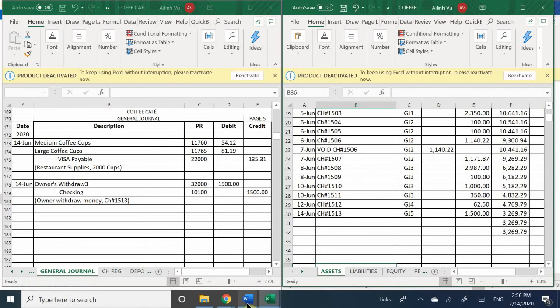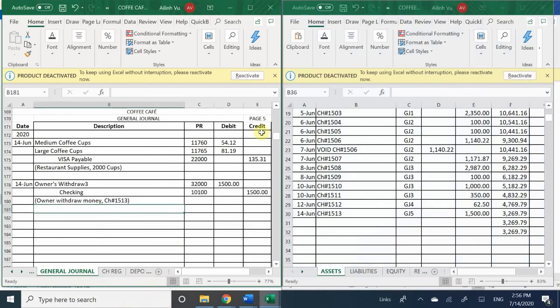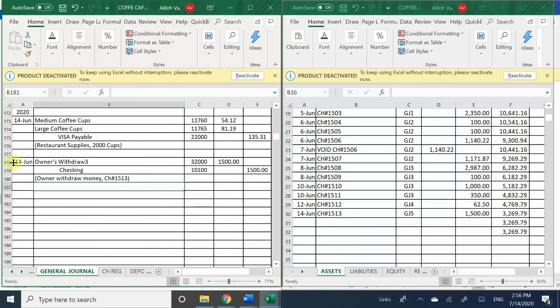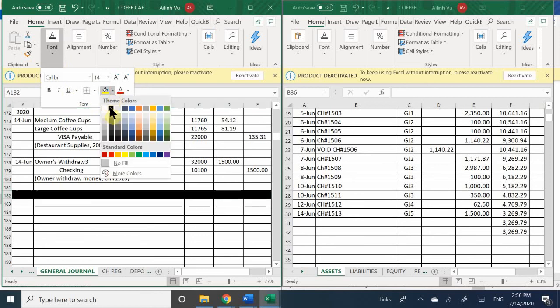Okay. Now, what I like to do for the journal is I actually like to highlight one of the bars. I didn't do this last time, but I feel like it's necessary just so that it keeps good track for yourself. And I'm going to go ahead and fill this in with, I don't know, black.